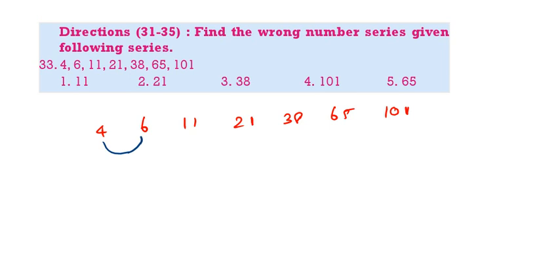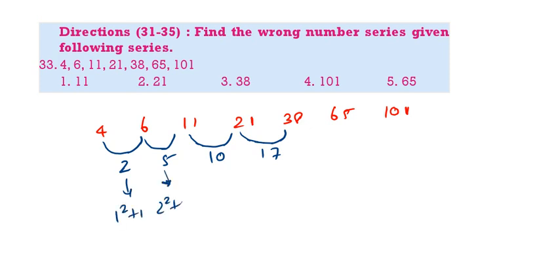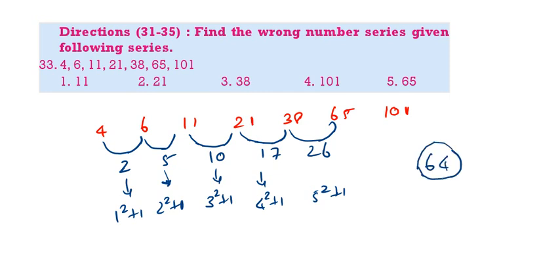See here the gap, 2, here 5, this is 10, this is 17. So 2 means 1 square plus 1, this is 2 square plus 1, this is 3 square plus 1, this is 4 square plus 1. Next, 5 square plus 1, that is 26. So 64 is the correct one. 65 is the wrong.